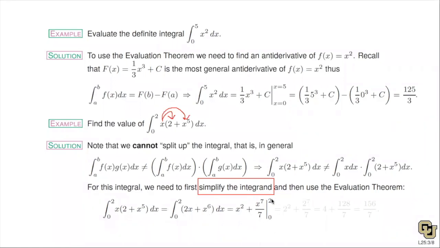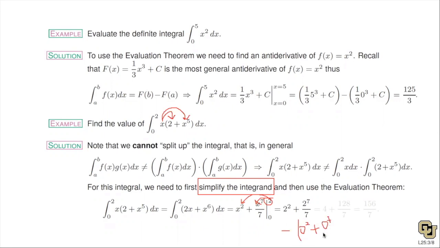And then we apply the bounds. I'm going to plug in the 2, minus the same function where I plug in the 0. But I didn't actually write out the plugging in the 0 part because I noticed that it's just 0.